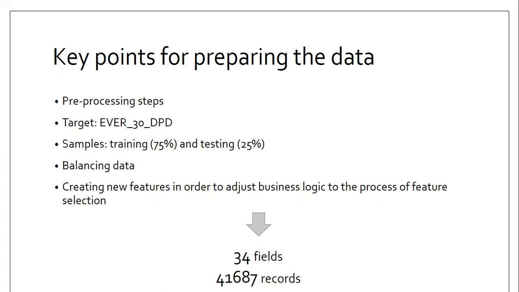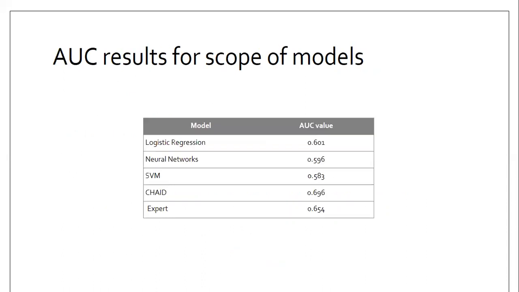We chose the target field, and the next step is creating new features in order to adjust business logic to the process of feature selection. So as a result, we produced the data set with 34 fields and more than 40,000 records.